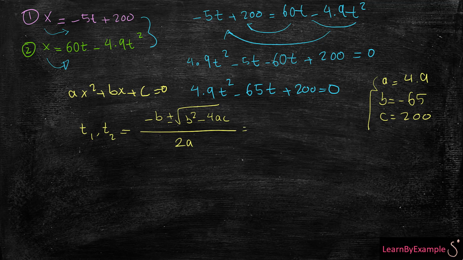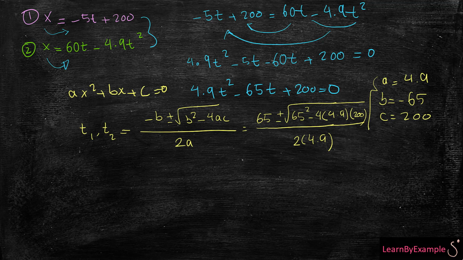Okay, so what is negative b? Minus negative 65 is just a positive 65, plus minus the square root of 65 to the power of 2 minus 4 times my a value times my c value, and that's divided by 2 times 4.9.